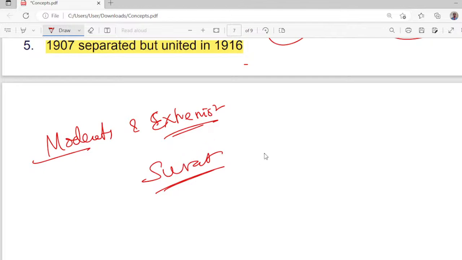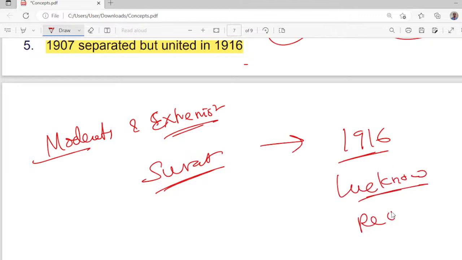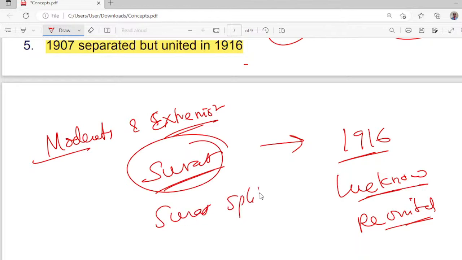But in 1916, at a place called Lucknow, they got reunited. It is also known by the name Surat split.